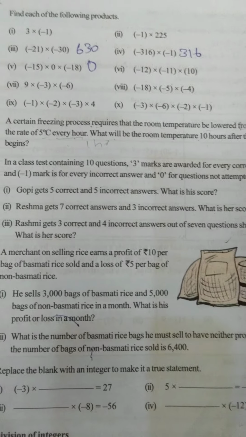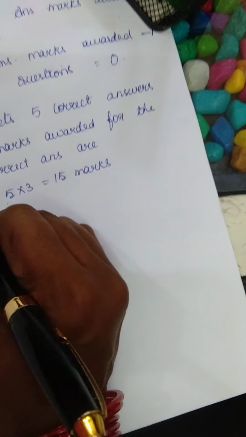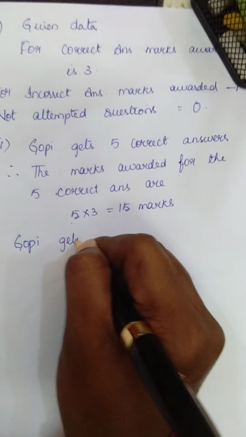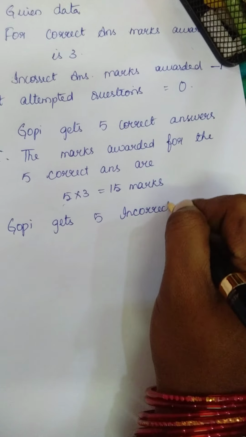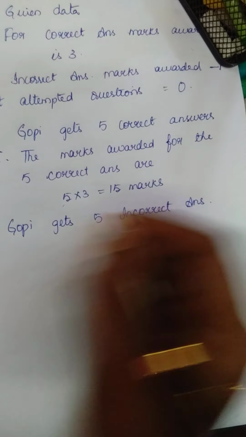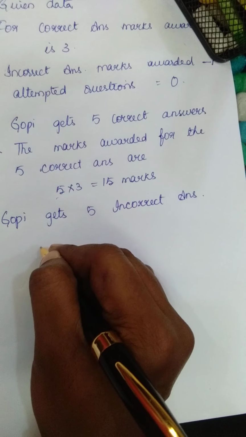5 incorrect answers also. He gets 5 incorrect answers. So each incorrect answer is awarded how many marks? Minus 1 mark.